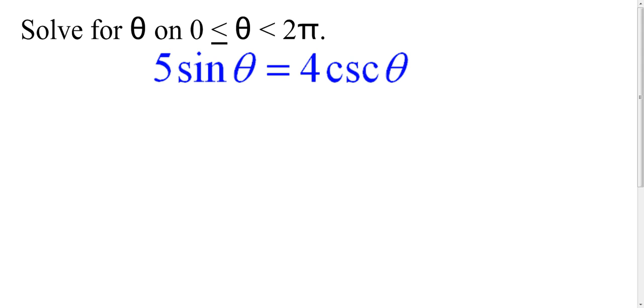All right, I think we've got just 1 or 2 more here. Here you've got, again, 2 different trig functions. I want you to use your identities and replace cosecant. Cosecant can be rewritten as 1 over sine.